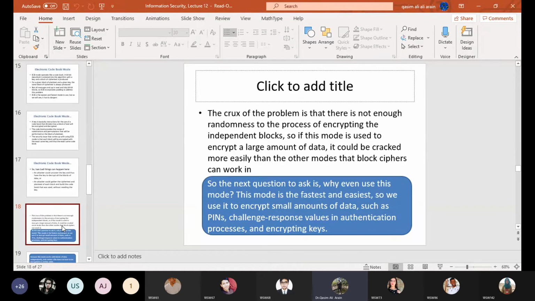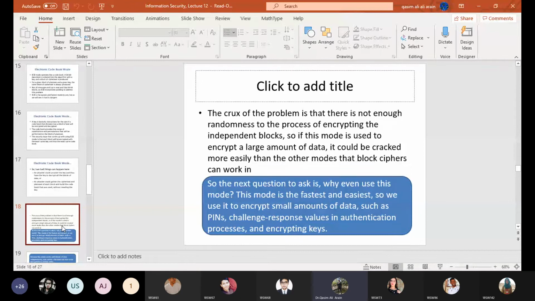But the next question to ask is why even use this mode? I mean अब आपको पता चल गया कि अगर larger data होगा तो compromise हो जाएगा, तो फिर इसको बनाने की जरूरत क्या पेश आई? ठीक है, so this mode is the fastest and easiest one. That is the first advantage of this.